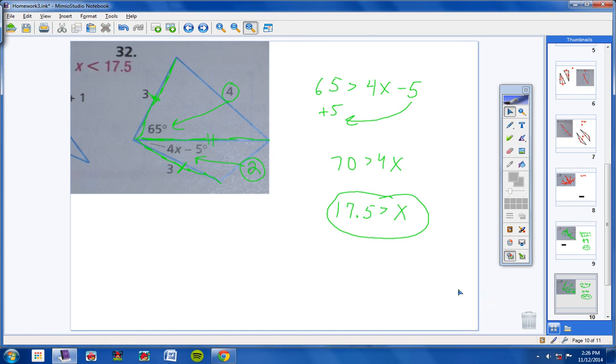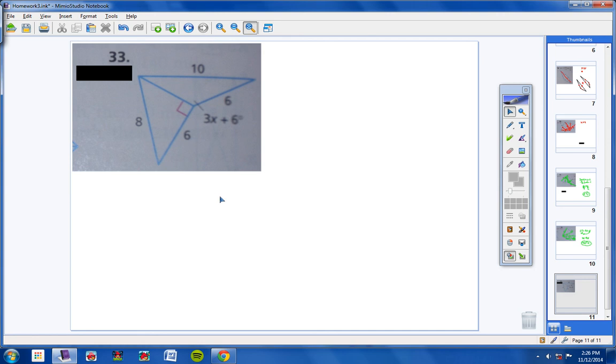Okay, moving on to the last one, number 33. And here we go. All right. This segment here, 6, is congruent to the segment here. Okay? There we go. And this side here is congruent to itself.